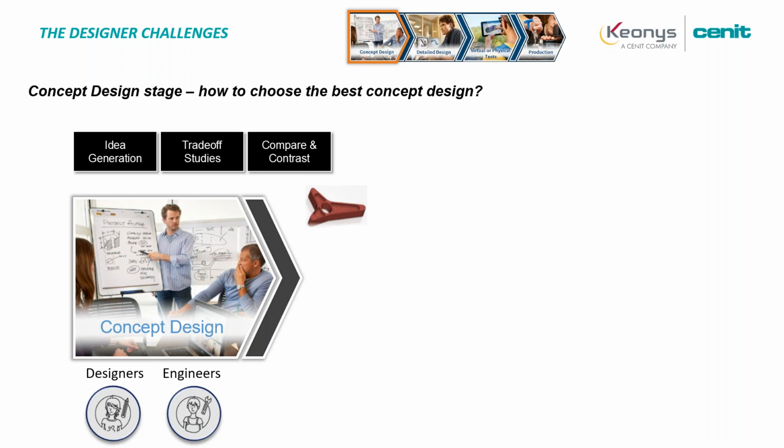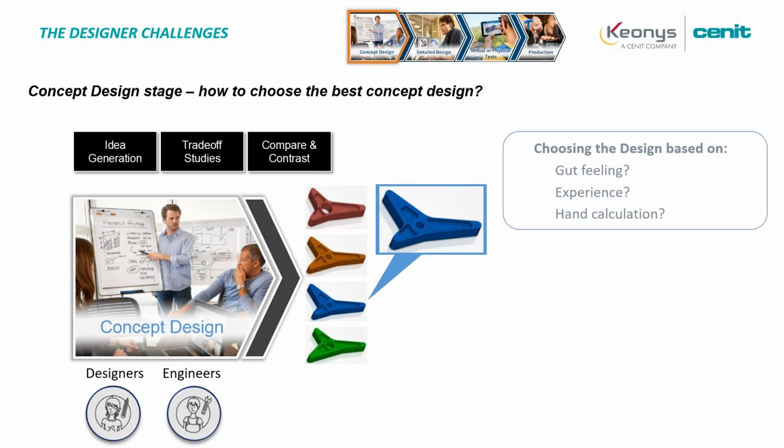So in order to make the choice, we have some indicators that could be used, and also it might be based on some experience, the feedback of several years of designing several parts that have been created by the company or by the designer himself.